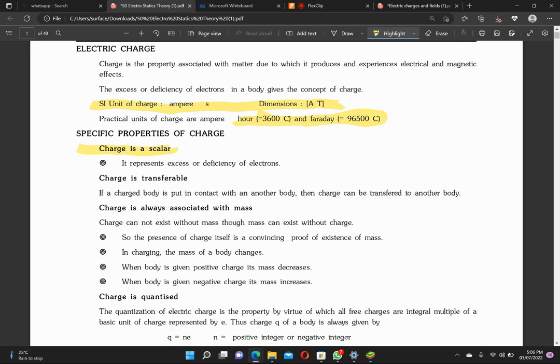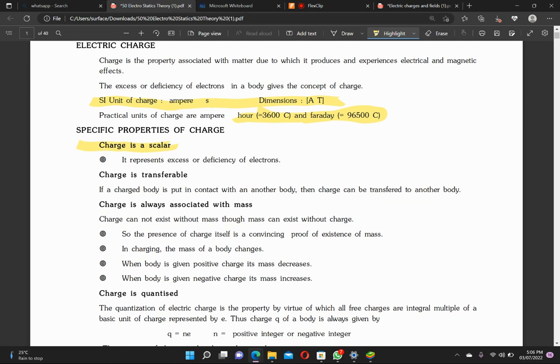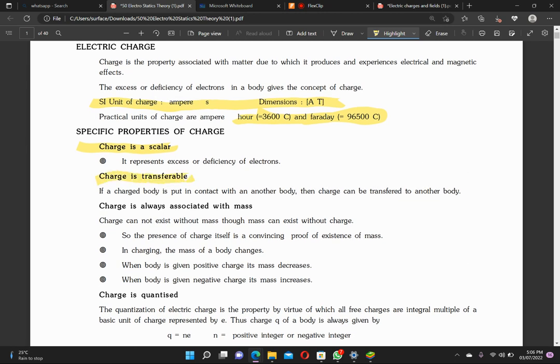It represents excess or deficiency of electrons. Charge is transferable. Charge is always associated with mass. Mass can exist without charge, but charge cannot exist without mass. Remember that.